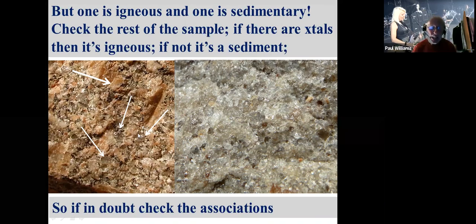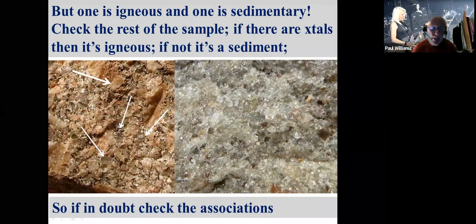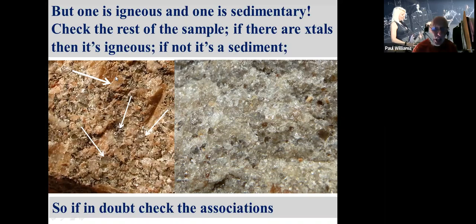Now, let's take this one, for example. If there are any crystals in this rock that you can identify, well, not identify, recognize, then it has to be an igneous rock. And there are. Look, there, that pinkish colored thing, that is a crystal. There's another one in there. And there's one there, look at that. So these are crystals.